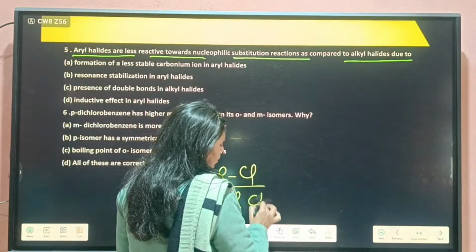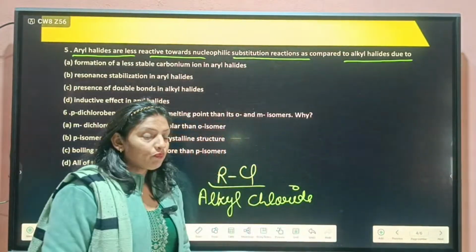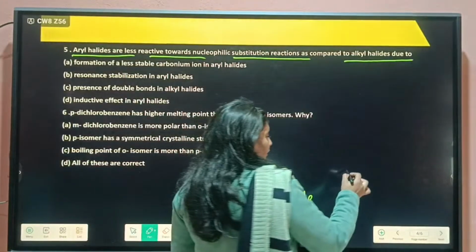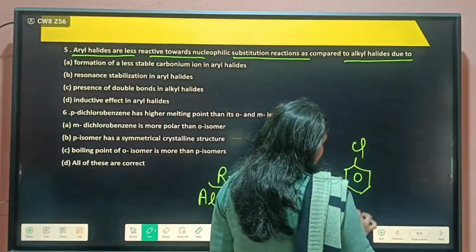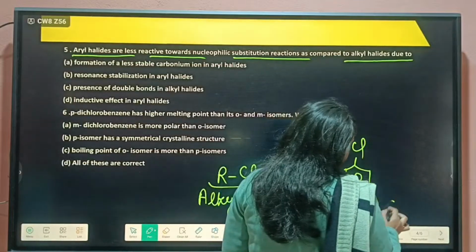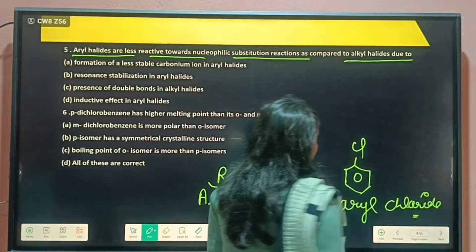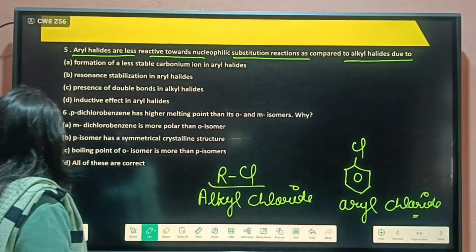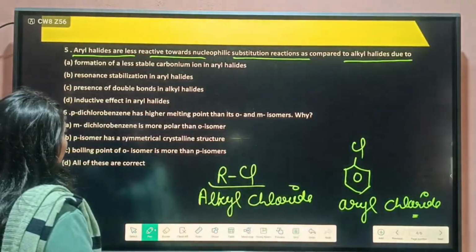Here halogen is chlorine, so I can say alkyl chloride. Now this one, aryl halide. In halogen I am having chlorine, so I can say aryl chloride. So what is the question here?